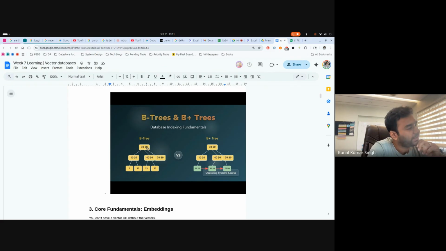So I can safely, when I'm searching, at every step ignore half of the space, right? So this is my entire search space. All my documents are in this search space.